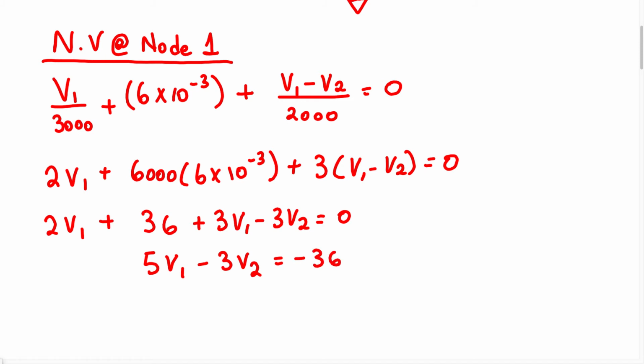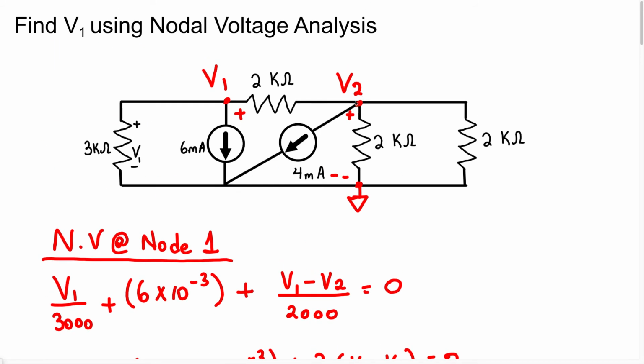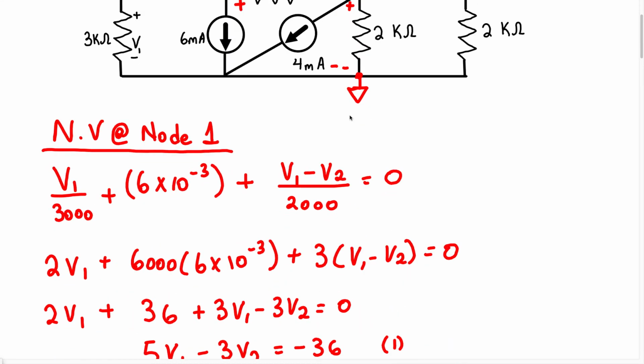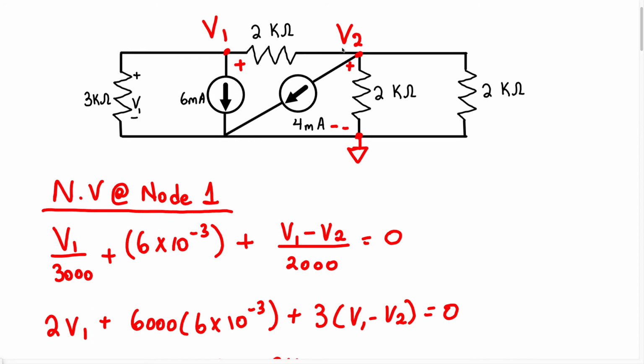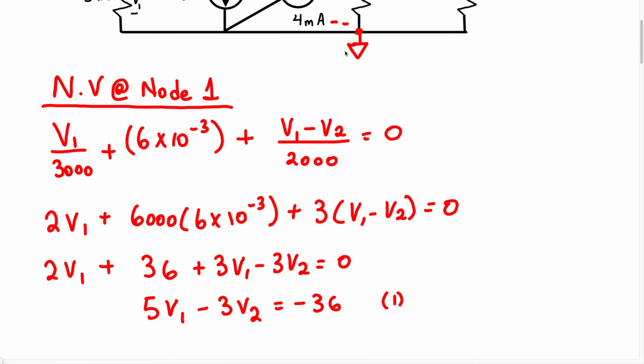So this is our first node voltage equation at node 1. I'm just going to write 1. Now let's do the node voltage equation for node 2. They want us to find the voltage V1, which is the voltage at node 1, the same voltage across this 3K resistor, but because we don't know the value of V1, we have to continue to solve this circuit. So we're going to write the node voltage equation at node 2 now.